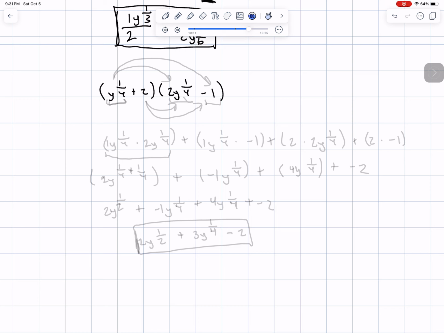Okay, so let's use the distributive law on this one. So I do this times this. So if you have 4, you always do the first one twice and the second one twice. So it'd be this one twice, and then this one second. So that means I did it 4 total times.